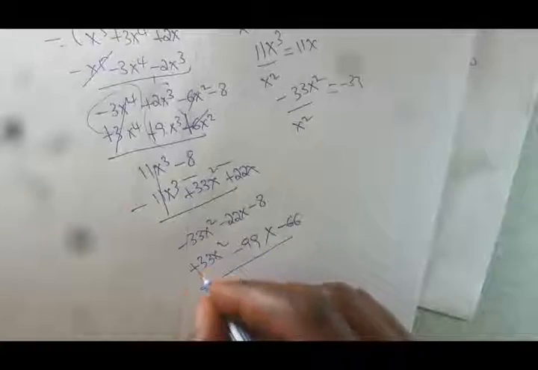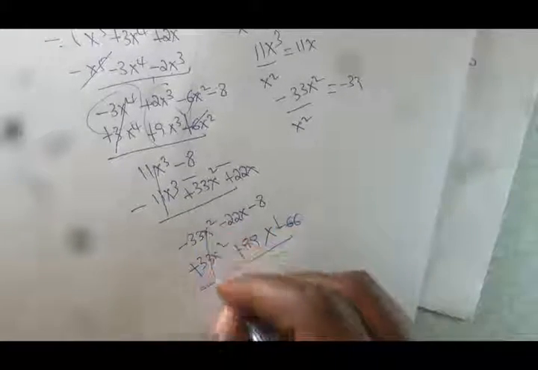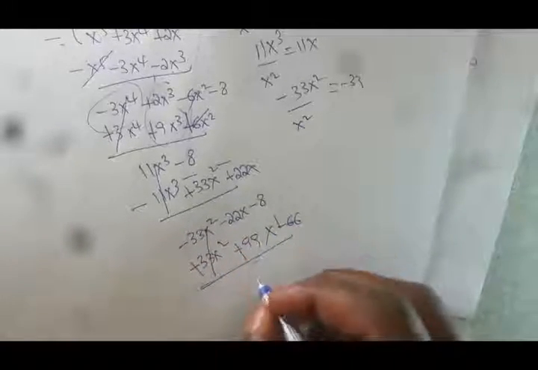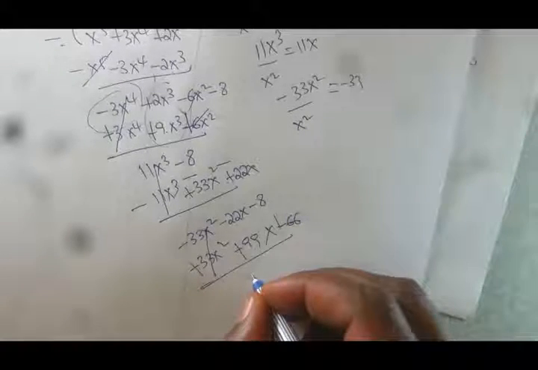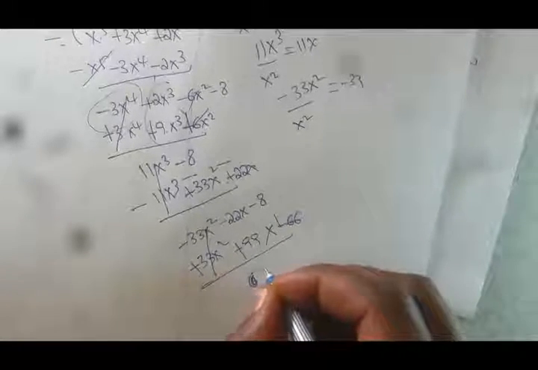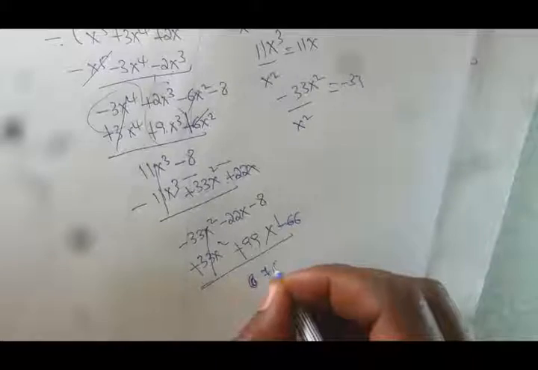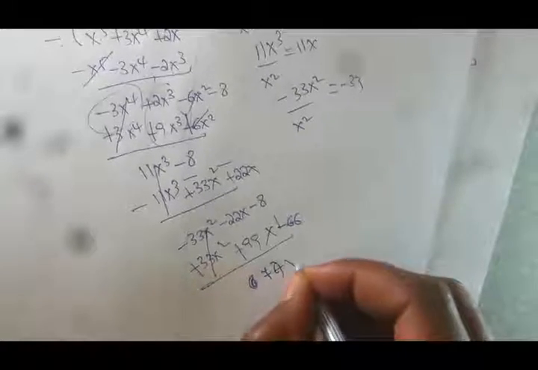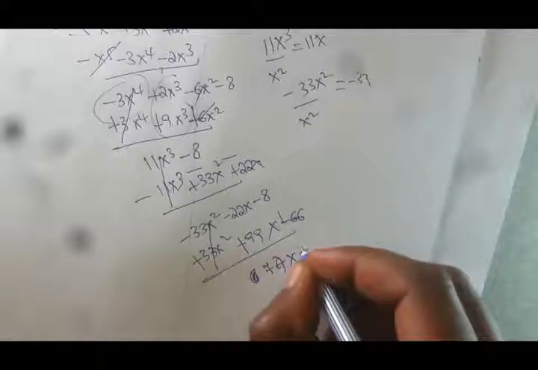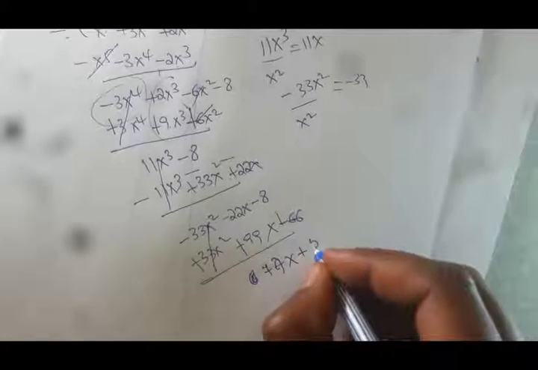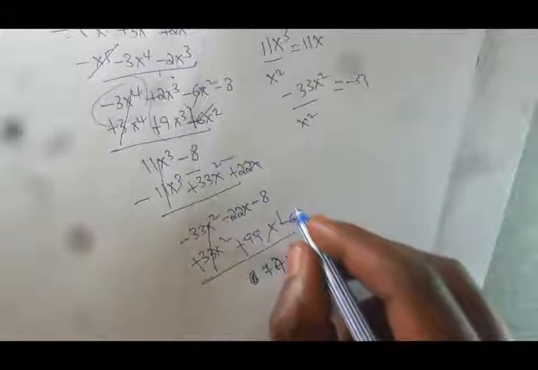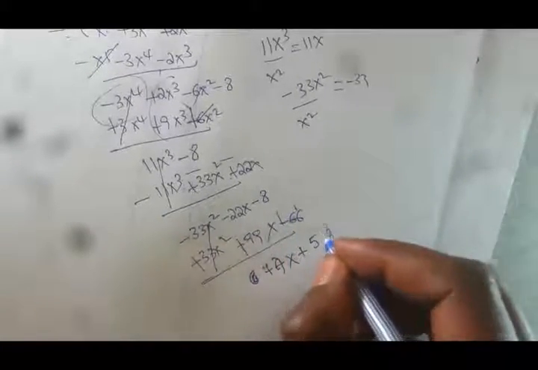Because of the negative, it becomes positive, positive, positive. This will be cancelled, and this is equal to 77x plus 58.